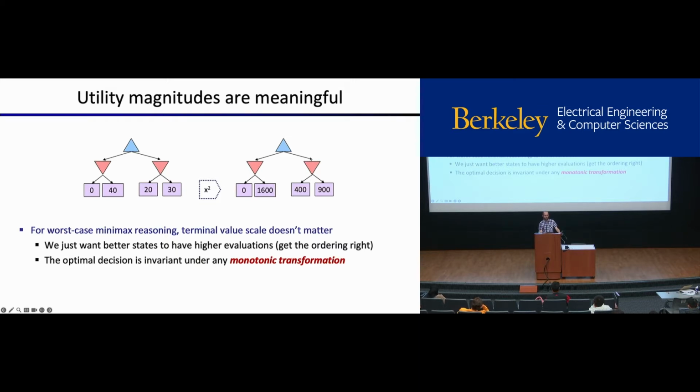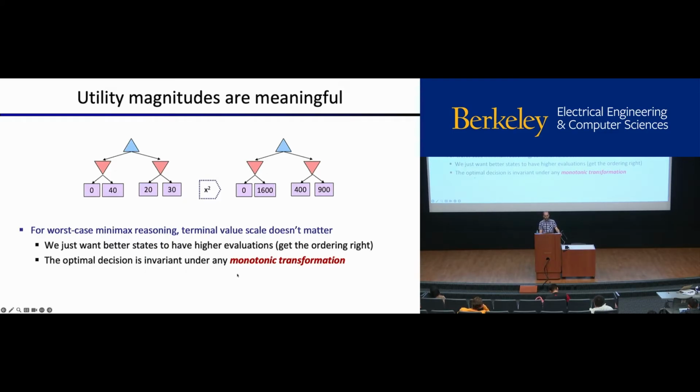This is only one example, but you can think for yourself about why it would be true in general that if you scale the values with a monotonic function, it's not going to change the behavior of a minimax agent. It's not going to change which option is preferred.